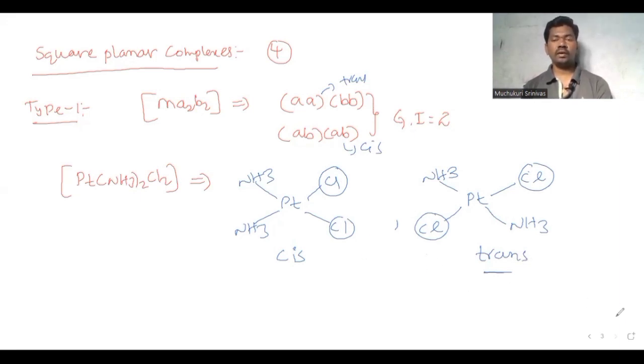Next, another type, type 2. Type 2, Ma2bc. In Ma2bc type, how many types will we get? We will get only 2 geometrical isomers in this case also.